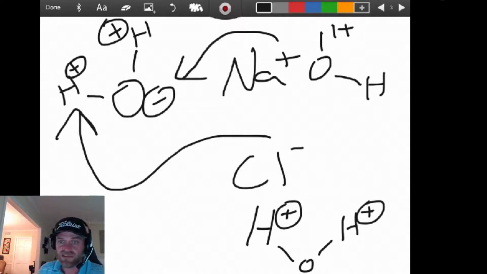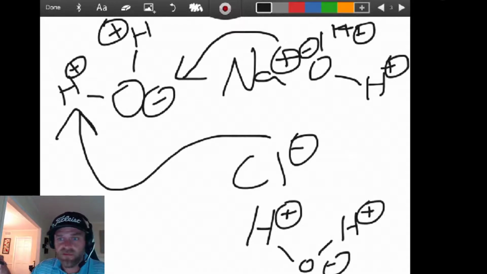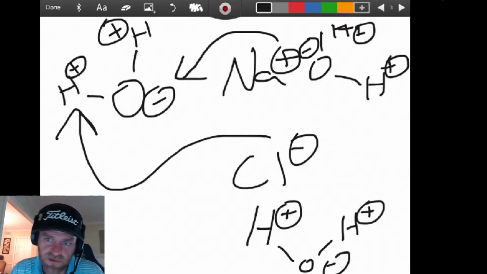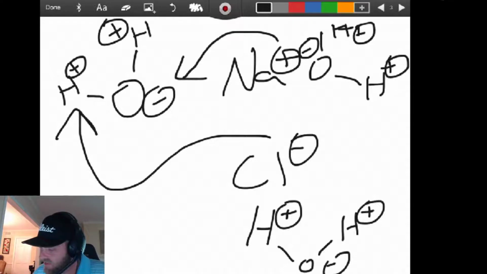But what you'll see is that the charges attract to each other and water ends up encircling all of these different ions and it spreads them out. So a solution is equally distributed in that way, right? There they finally get caught up. You see these little circles are the charges around each atom.